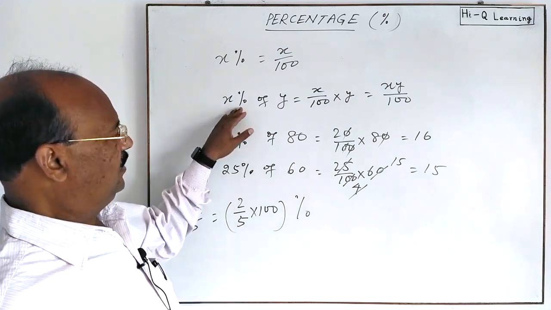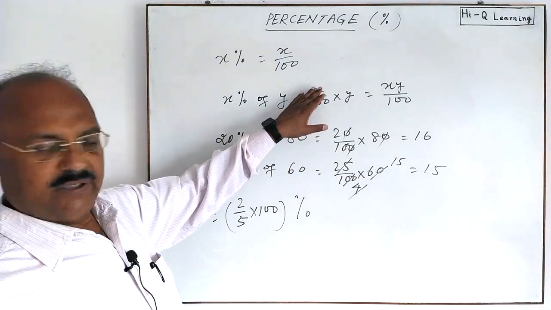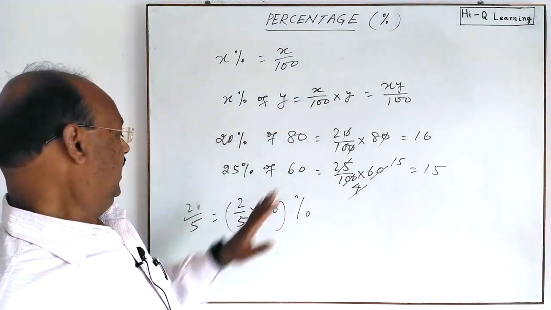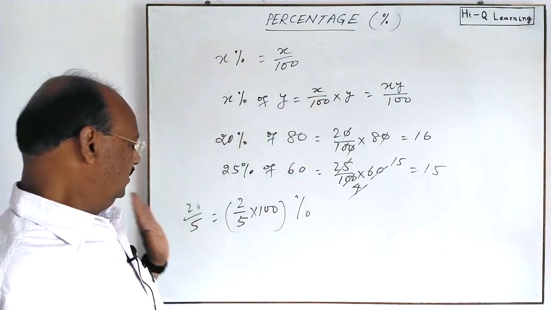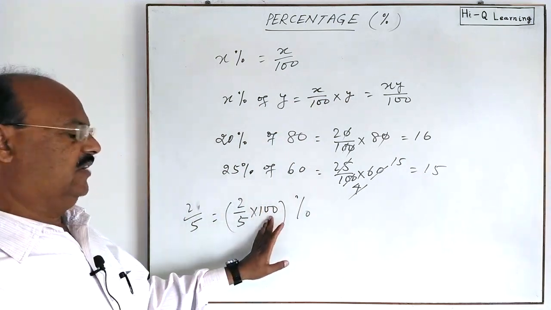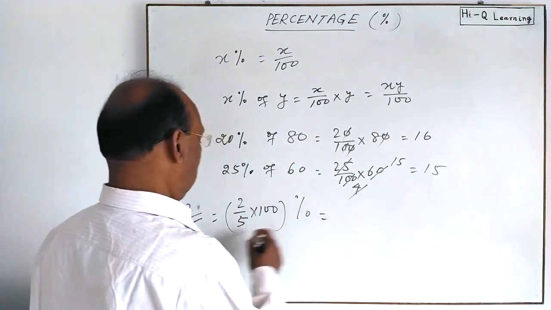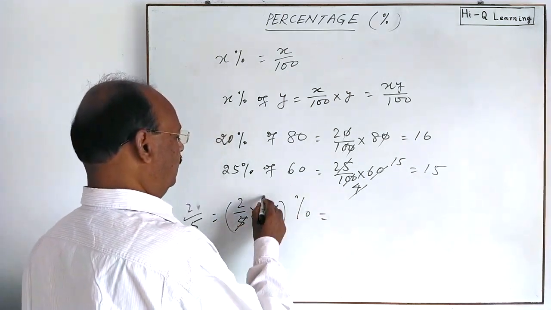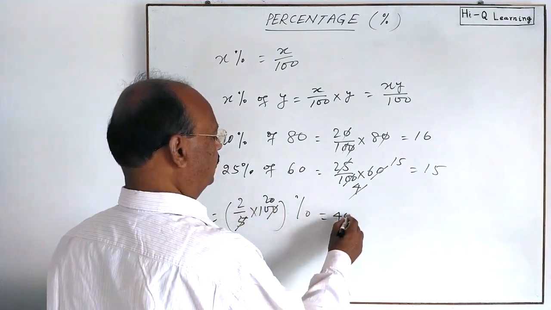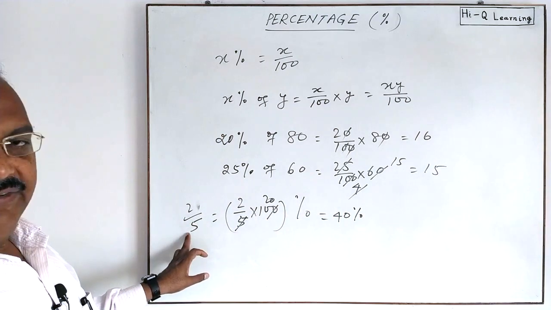In this case, when percent is calculated, we have to divide the number by 100, and when we have to convert this fraction into percentage, we have to multiply it with 100. Correct? So simplify it. This is 40%. So 40% means 2 by 5.